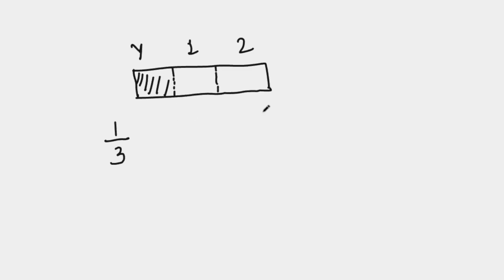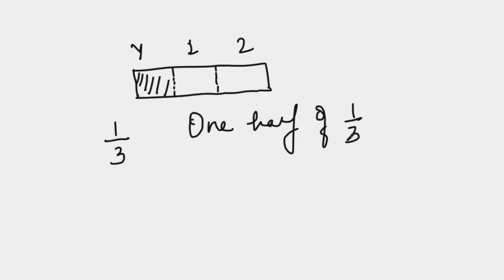Now, you want to share half of what you already have with your mom. Okay? So, you have 1/3 of the chocolate and you want to share half of this with your mom. How do we write it? So, you will write it like 1/2 of what you have.